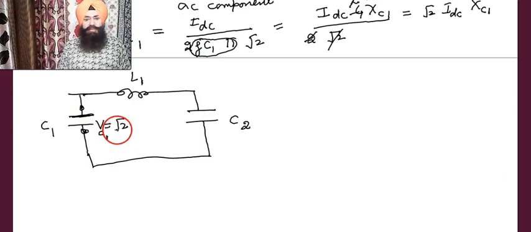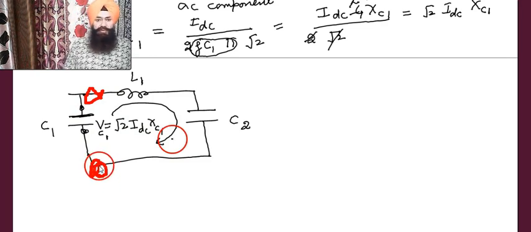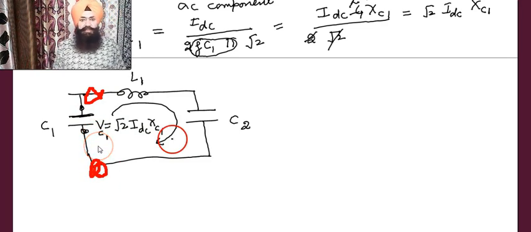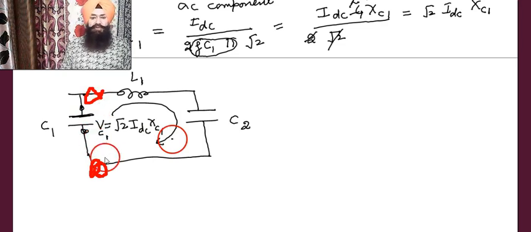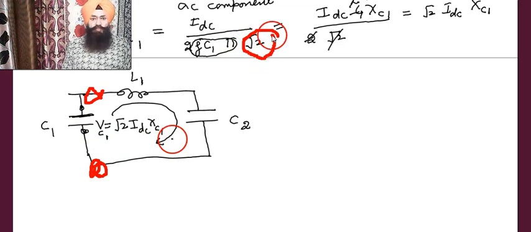So output across here, it is under root 2 IDC XC1. This is the output across the 2 points. And you know, this is our AC voltage. And this voltage is RMS because here the peak value is divided by root 2.